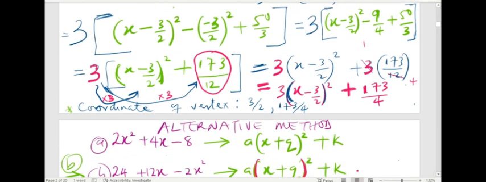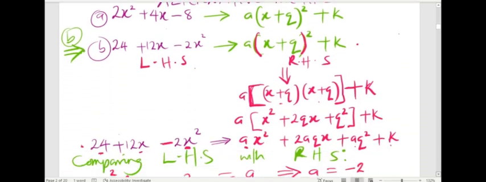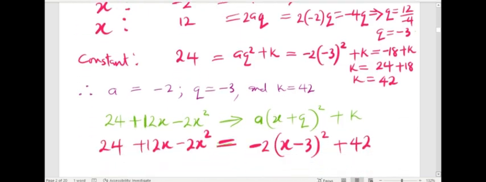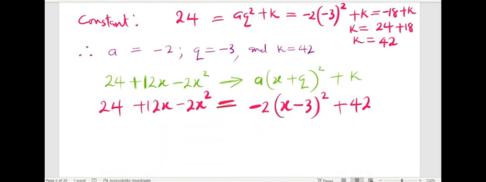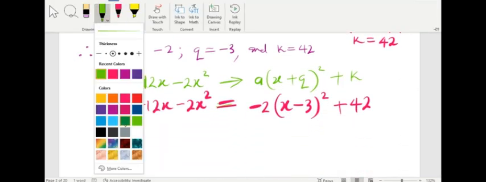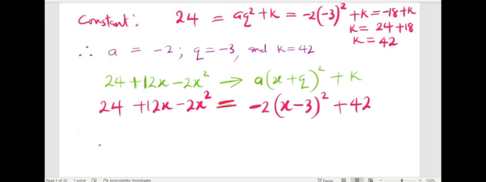By the way, with what we have, we can easily get the coordinate of the vertex for this question. Therefore, the coordinate of vertex, which gives us the turning point, could be minimum or maximum.